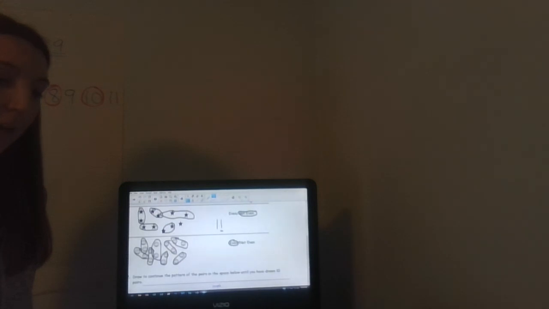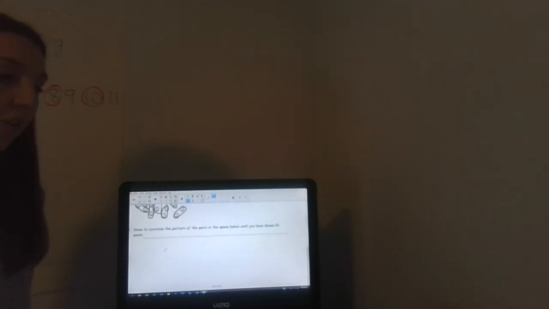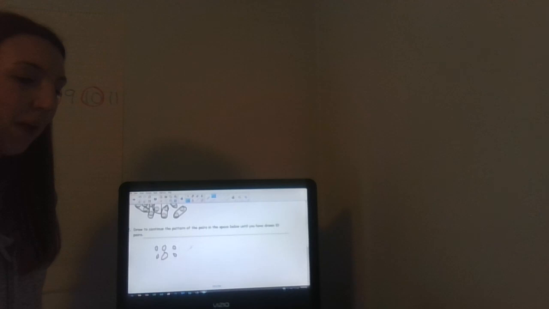And then what I can do down here is draw to continue the pattern of the pairs in the space below until you have drawn 10 pairs. So, this is one pair, 2 pairs. Sorry, my drawings are not going to be even, but that's okay because you can see I'm drawing pairs on top of each other.